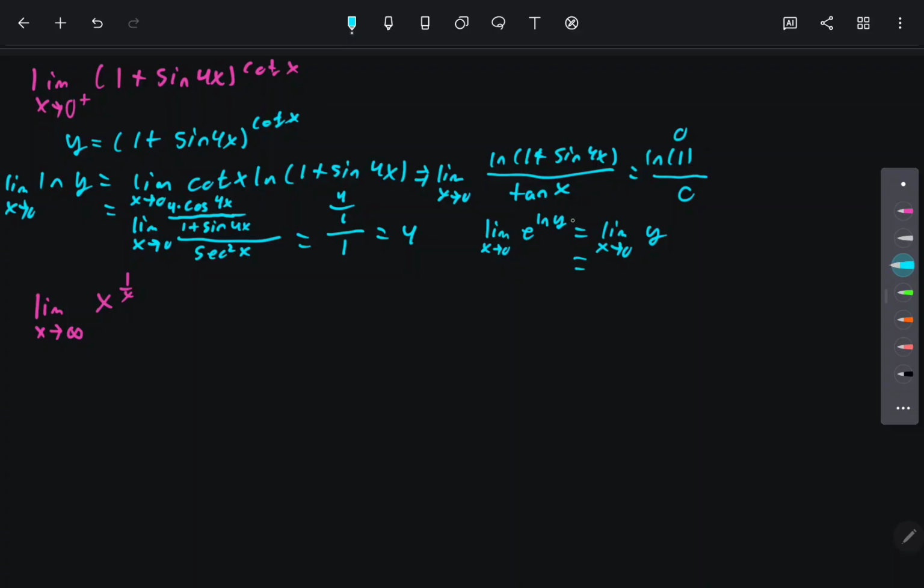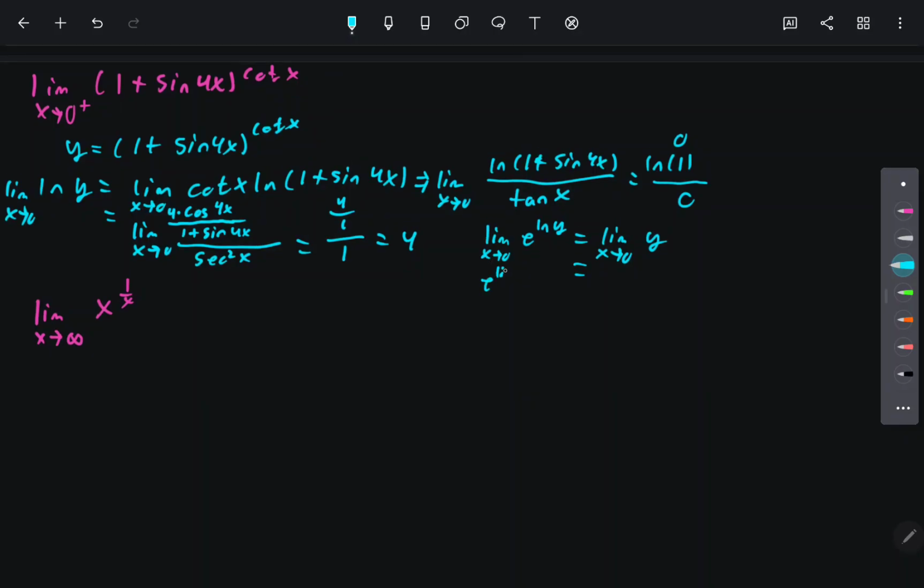This is the same thing as e to the limit as x approaches 0 of the natural log of y, using our limit properties, which we know is just 4, as that's what we solved for up here. So we get e to the 4th is equal to the limit as x approaches 0 of y. So that's our answer, e to the 4th.